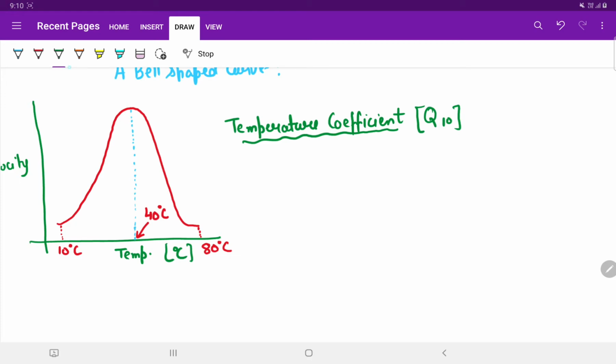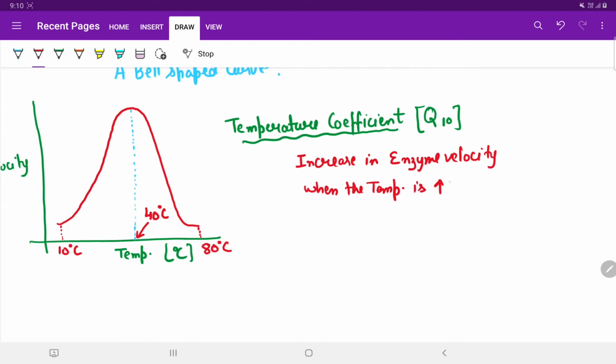It is defined as the increase in enzyme activity or enzyme velocity when the temperature is increased by 10 degrees Celsius. Usually after a 10 degrees Celsius increase, the enzyme velocity or reaction becomes double of the previous speed.